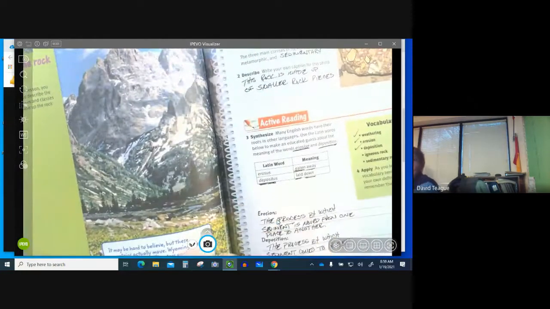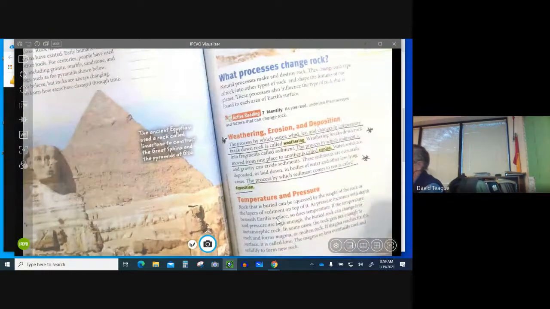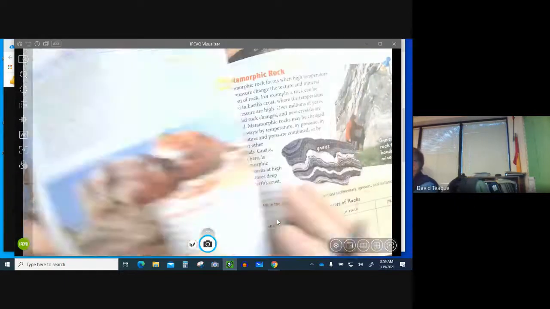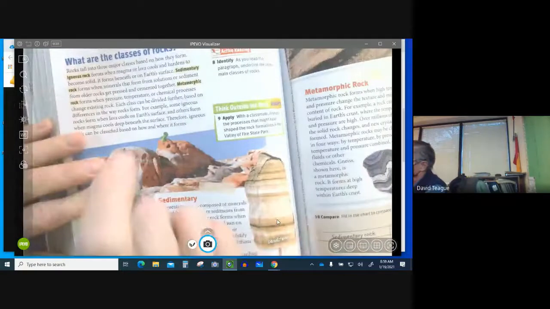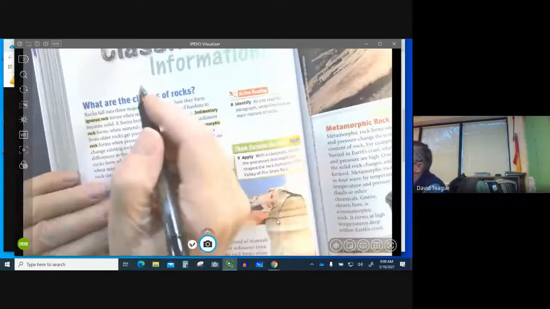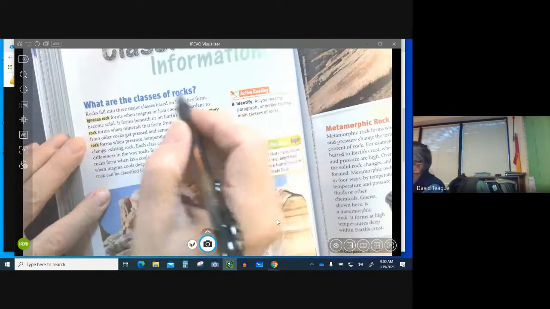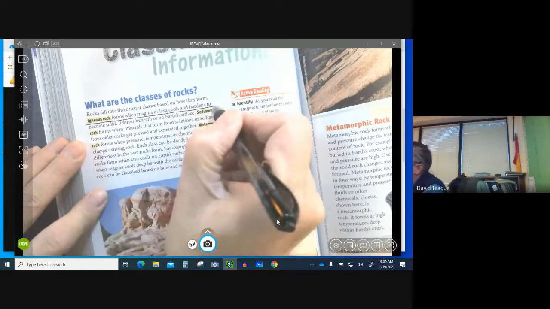Igneous rock. Well, we should know what igneous rock is. That's what we learned about last week. And it's created from the magma from inside the earth. Right, so page 370. Here at the top, igneous rock forms from magma and lava, cools and hardens to become solid. So let's underline that.